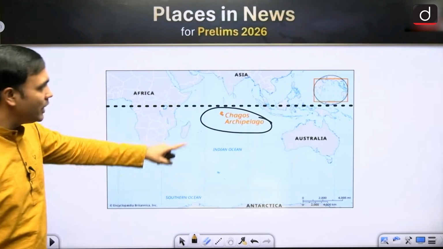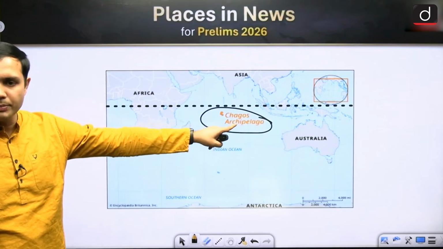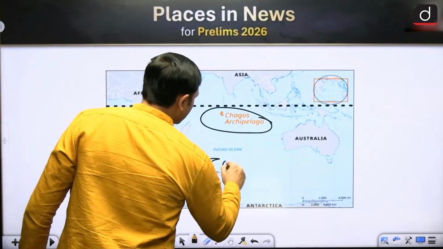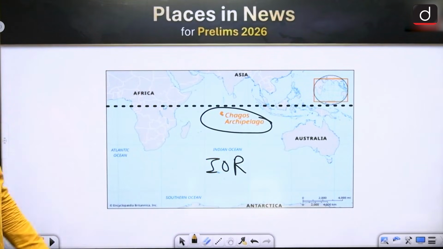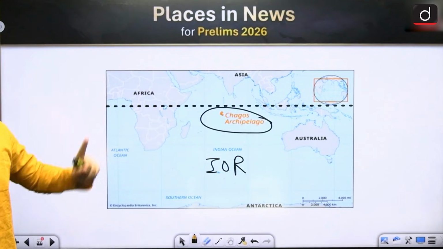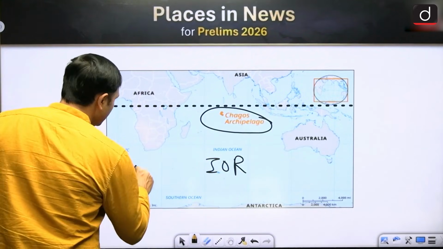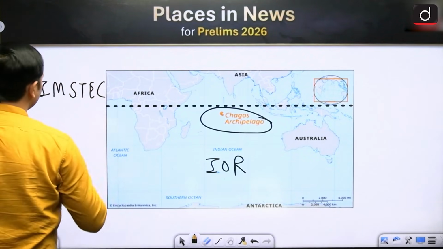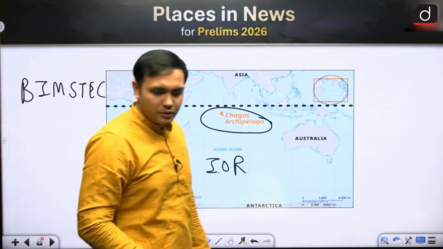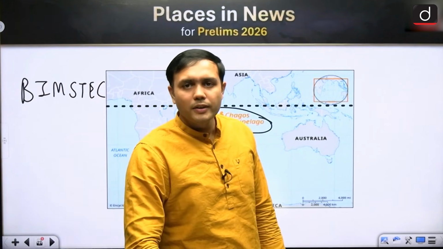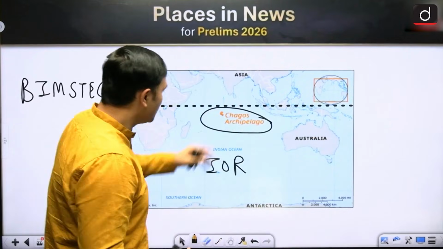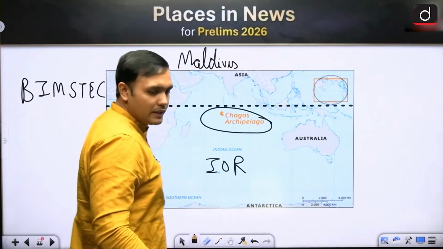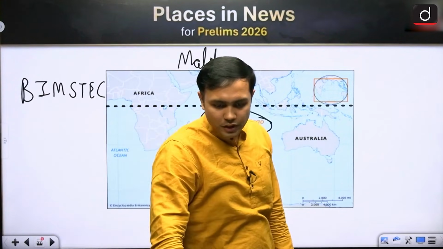Next, what are other aspects in this particular area? You can remember the IOR region, and what are the countries related to BIMSTEC regions. Which are the countries associated, closest to it? There is also Maldives in this particular region, right?